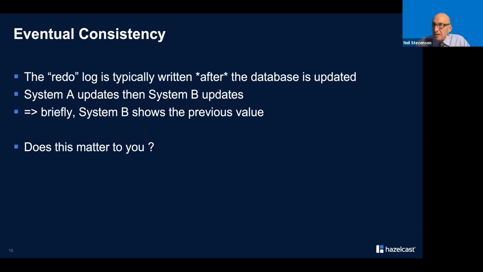Does that matter? Well, it might. The two examples I'm going to use today are a reserve and collect system for PlayStations, and hotel bookings, which is essentially reserve and collect. If you've got PlayStations and your System B is showing the wrong number of PlayStations available, they're selling really rapidly.